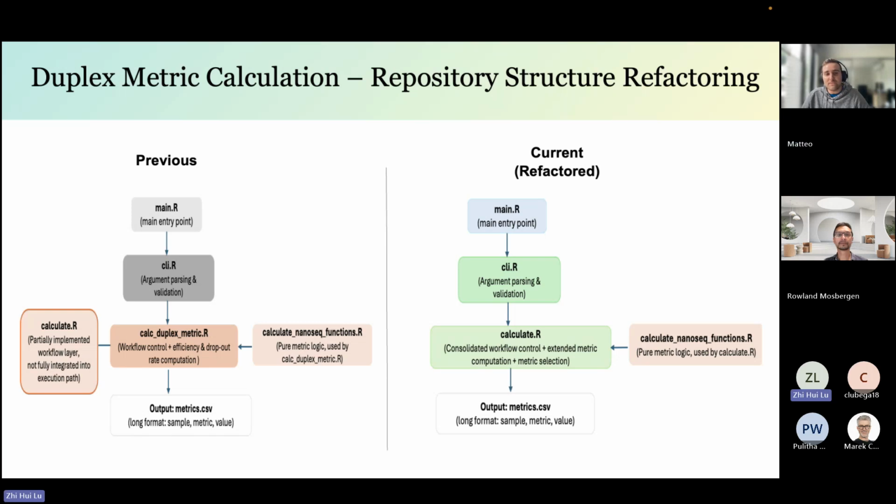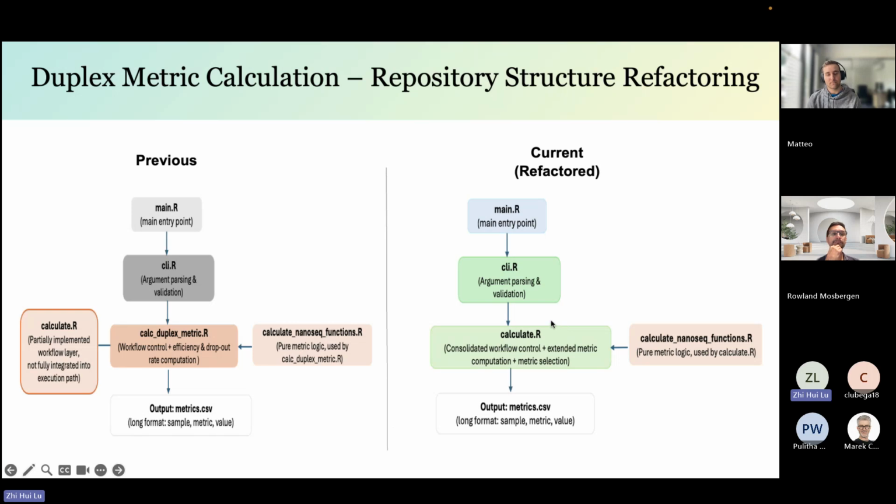Yes, so in the previous version of the duplex metric calculation repo, the workflow logic was distributed across multiple scripts. Although this calculate.r script existed, it only contained partial functionality and wasn't fully integrated into the execution path. Most of the workflow control still lived inside this cal_duplex_metrics.r script.